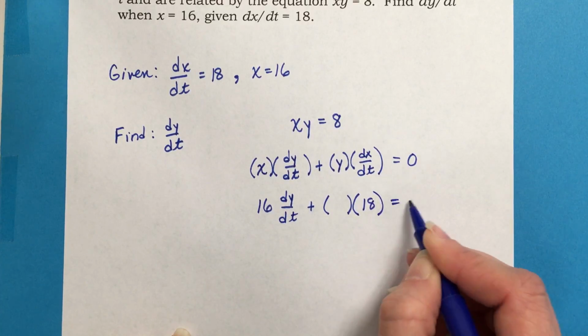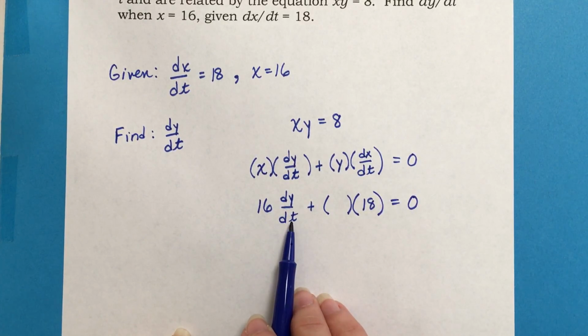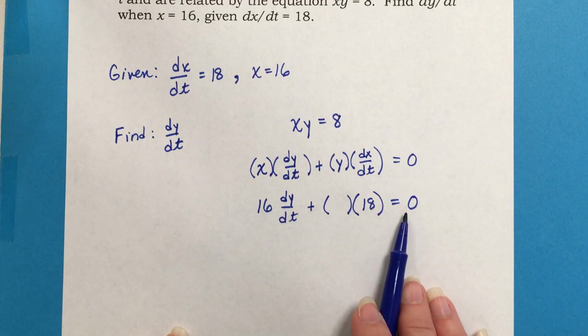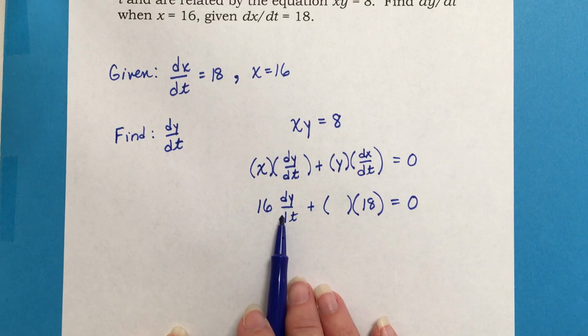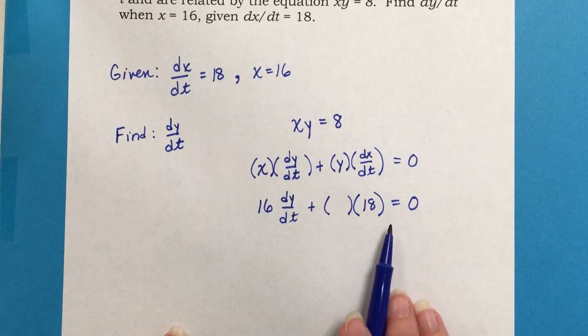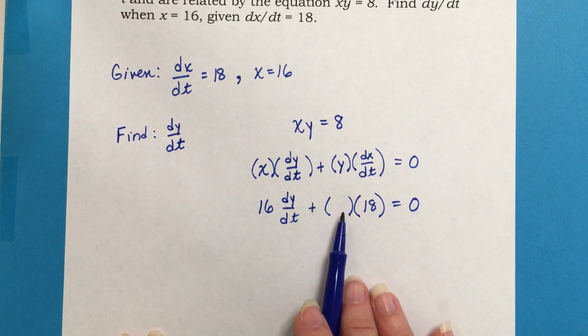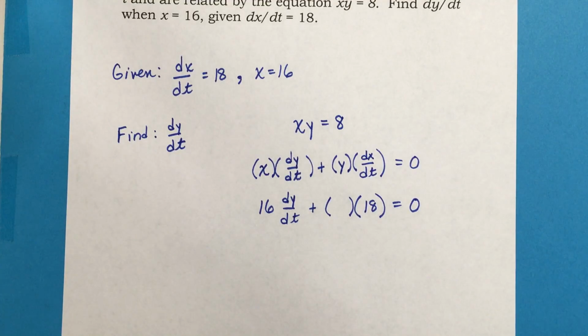Now, if I'm trying to find dy dt, that can be the only thing in here that I don't know. I have to have a value to substitute in for everything else except for what I'm asked to find. So there's got to be a way that I can come up with a value for y.